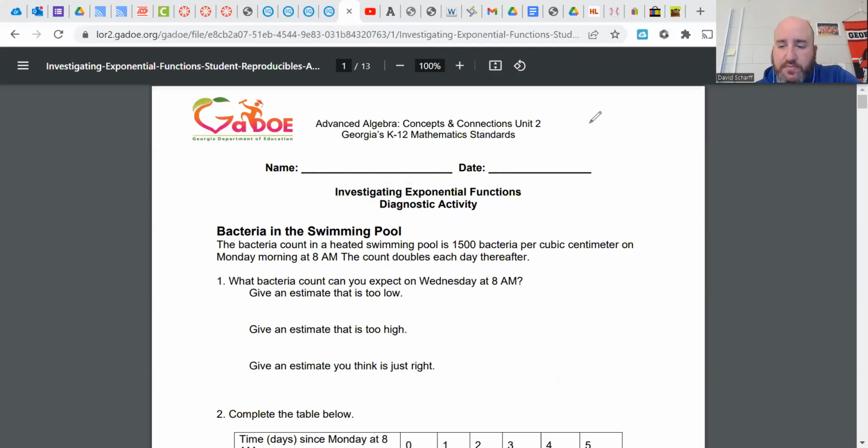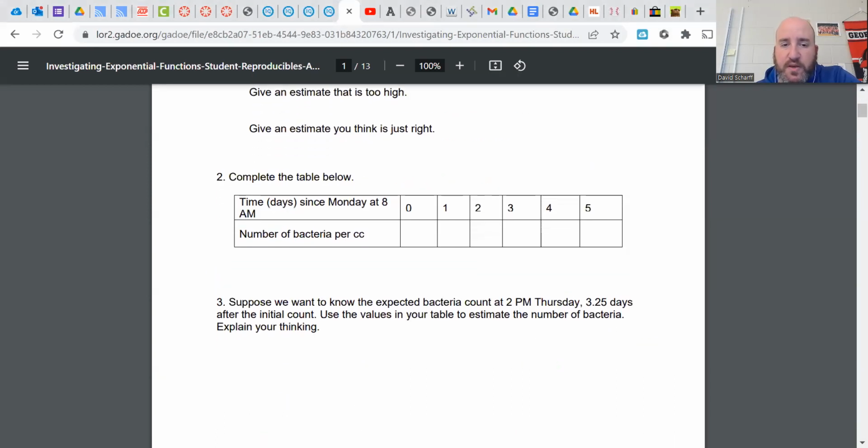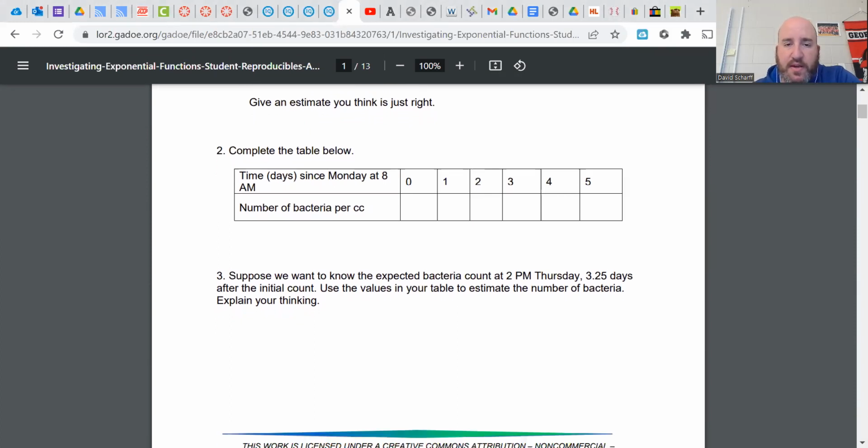All right. So then for number 2, you're going to complete this table. Again, you don't necessarily have to draw the whole table. You can make two rows. First row, you can just put days. Don't put it in parentheses like that. Do days, and then bacteria. You could just cross out "number of" and put bacteria.